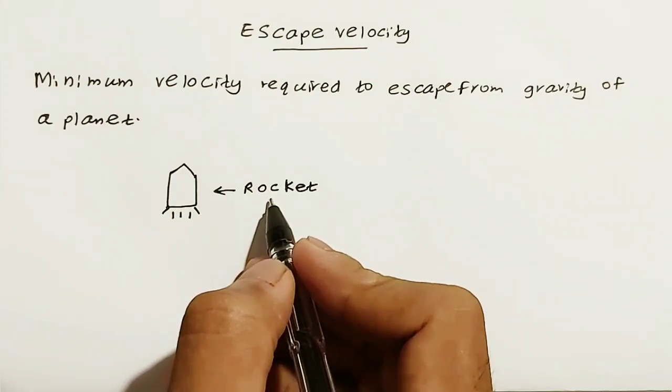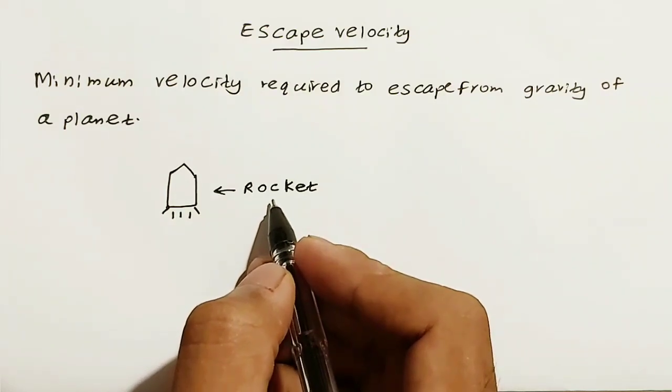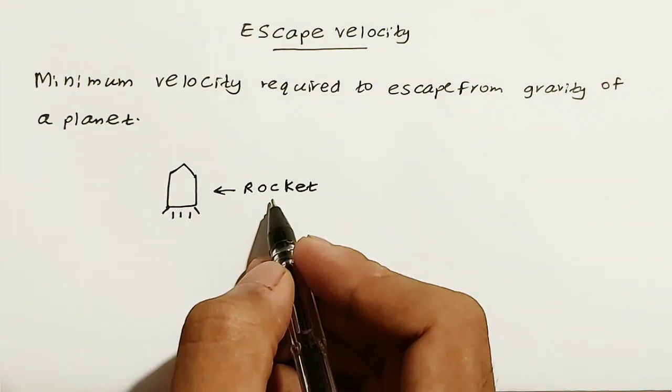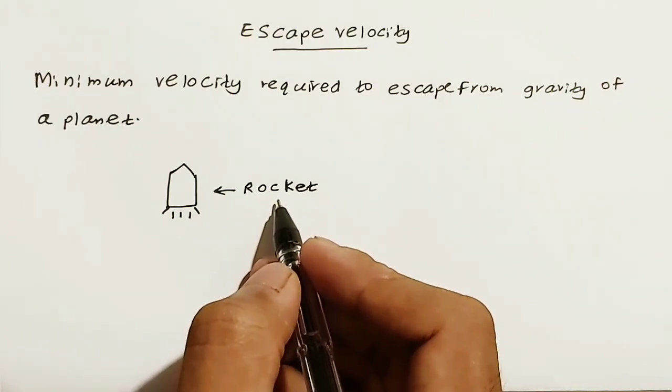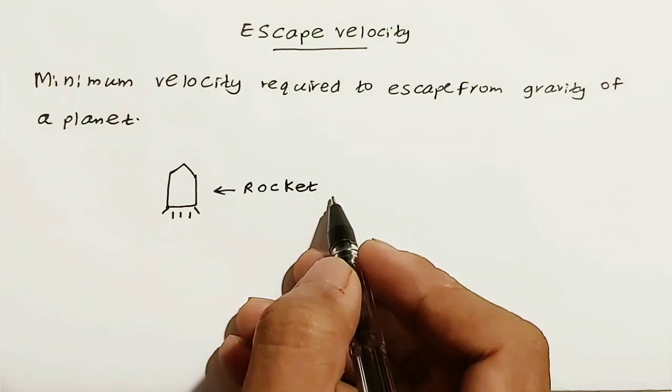The rocket can escape the planet Earth by adding speed with the fuel it possesses. With the combustion of the fuel, the rocket would increase its velocity and leave the planet Earth.